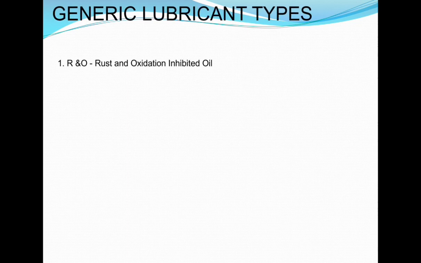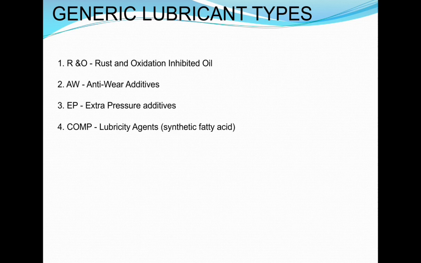As we have already discussed, it may be R&O type, that is rust and oxidation inhibited oil lubricants. It may be anti-wear type lubricants, extra pressure lubricants, compound type lubricants where synthetic fatty acid plays a vital role, and it may be engine oil which is used in the automobile sector.